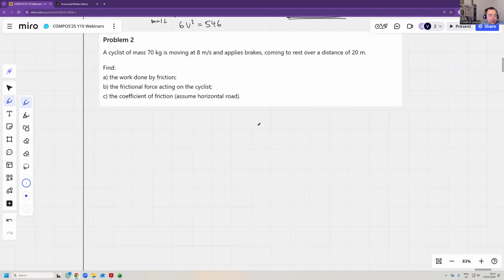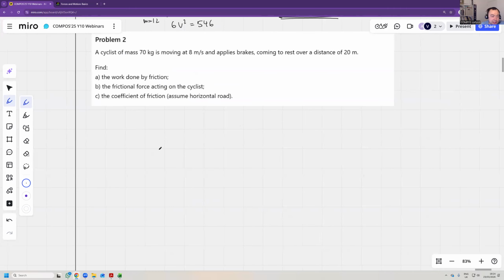Lovely. A cyclist of mass 80 kilograms is moving at 8 meters a second. So we have a cyclist.